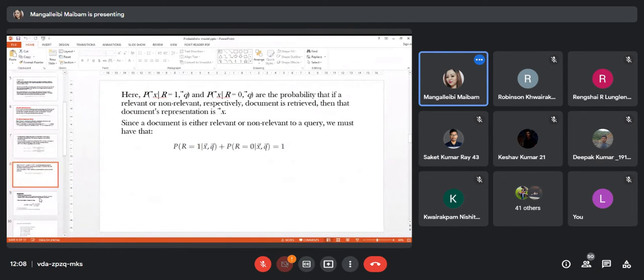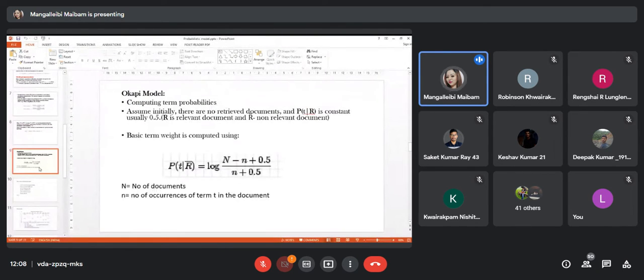Next, the Okapi model. In the Okapi model, we have four models here. The first one is basic term weight. For basic term weight, you have to use this formula for calculating the probability value. So here we are going to compute the term probabilities.